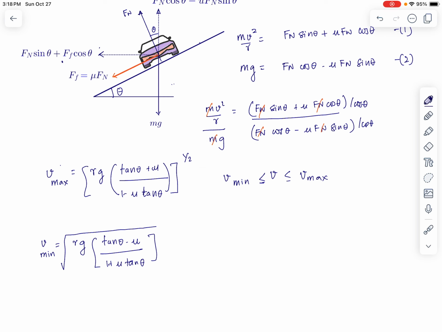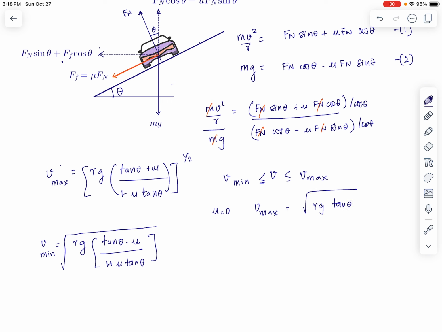Okay, so let's see what happens here when mu is 0. Okay, when the mu is 0, for Vmax, in this particular case, this term goes to 0, this term goes to 0. So we have Vmax equals square root of Rg tan theta.